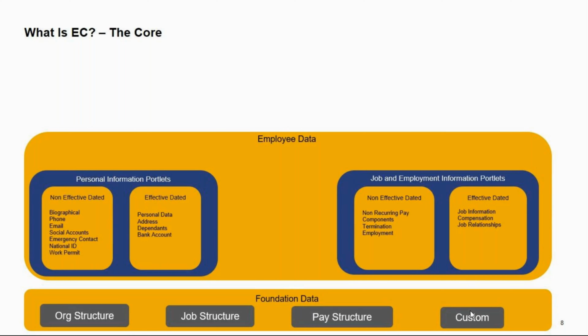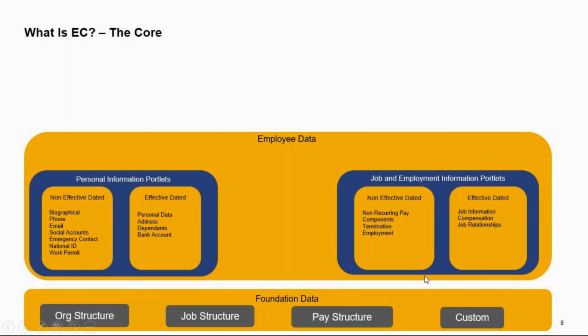The date of birth will not change every year because you will have only one date of birth throughout your life. You have ID information where you store PAN card or Aadhaar card details. You will only have one ID throughout your life or your employment. So some of these portlets are not effective dated and some are effective dated.